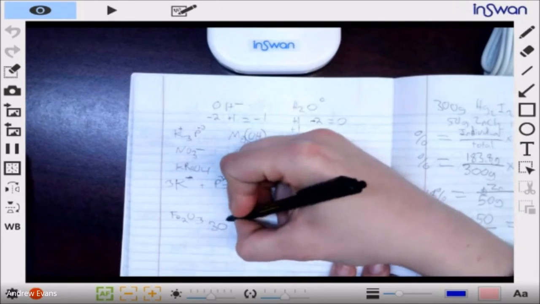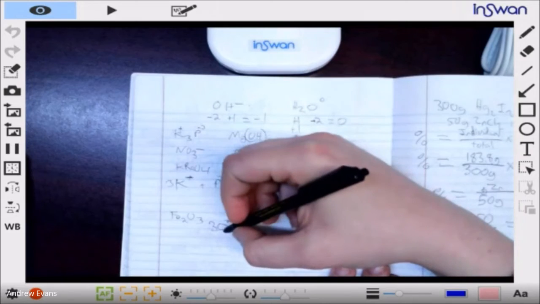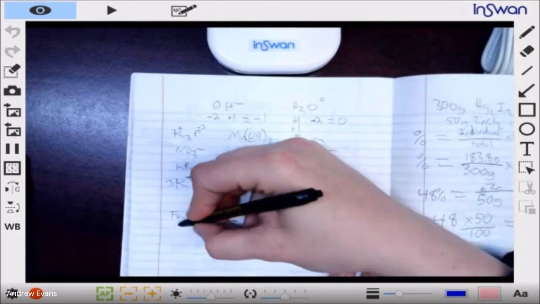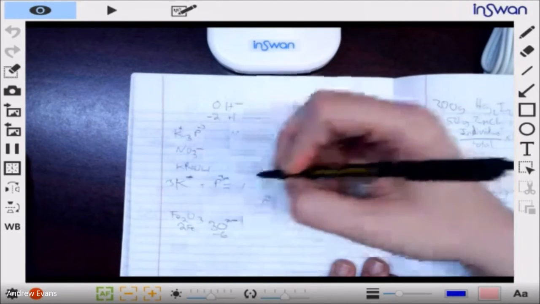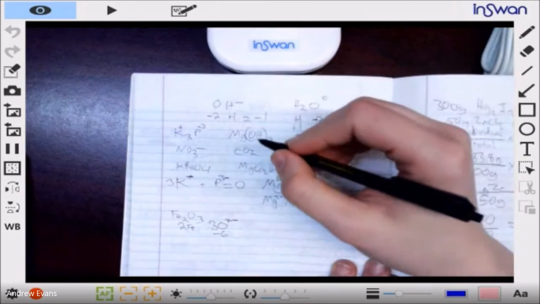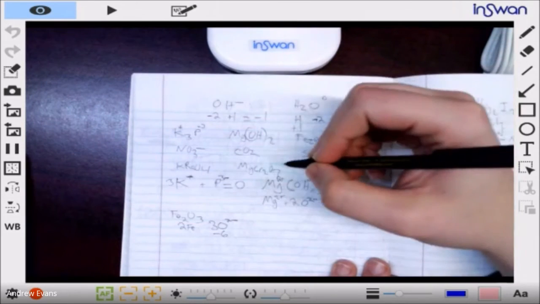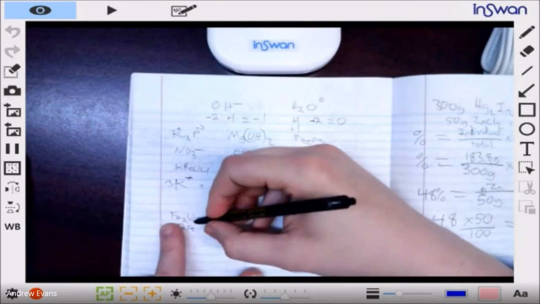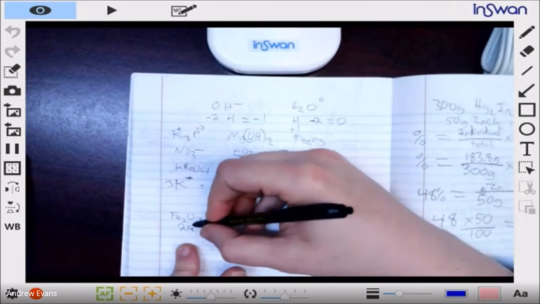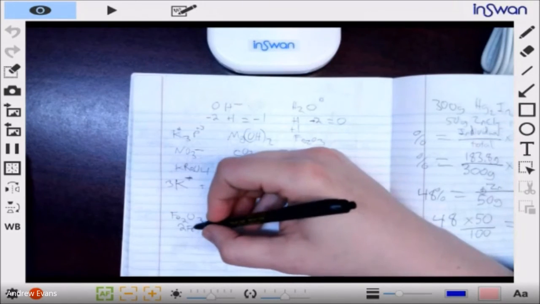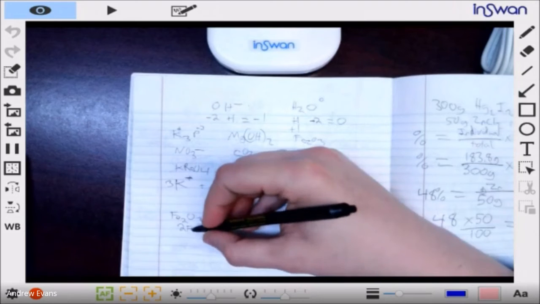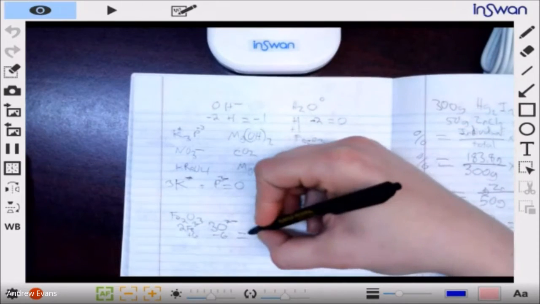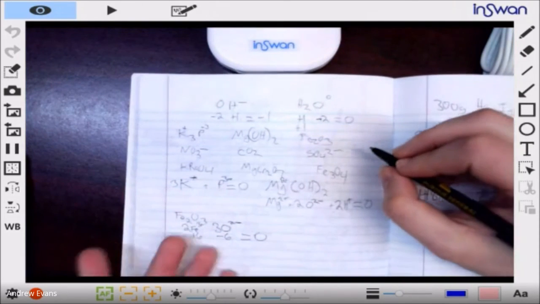So 3 O's at 2- is equal to -6. 2 irons must be what in order to give us +6 to cancel out? 2 irons, 2 times what is equal to 6? So that's going to have to be iron 3+, because 2 times 3+ would give us +6. 6 - 6 is 0.